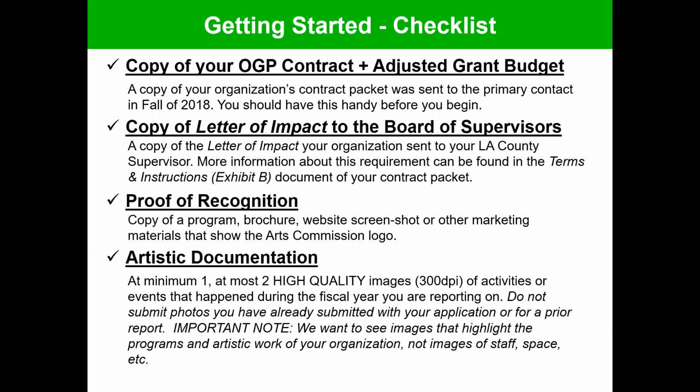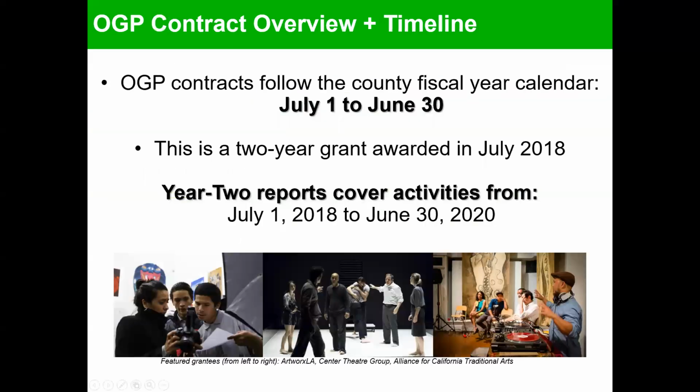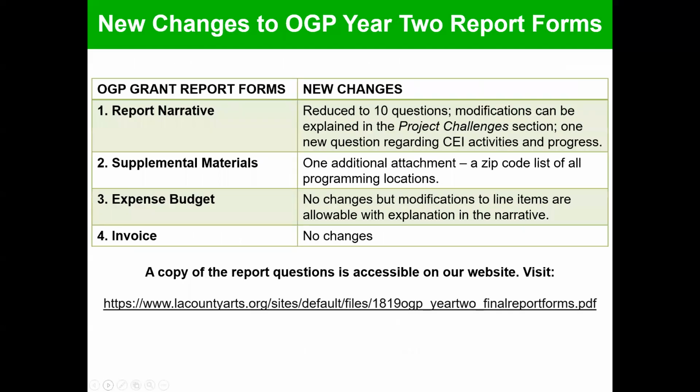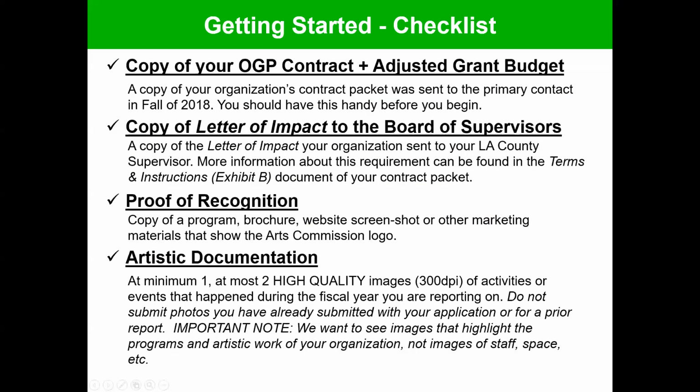With that agreement, you were asked to submit a budget form. That budget is basically a projection of how you were going to be spending that funding. We know that your actual expenses probably will not look like that.